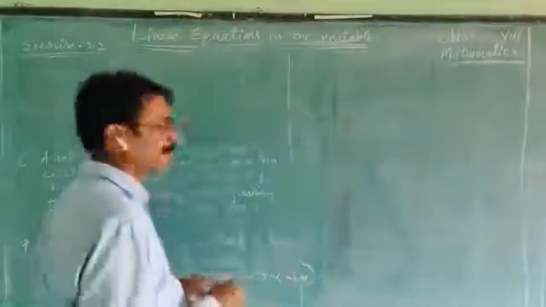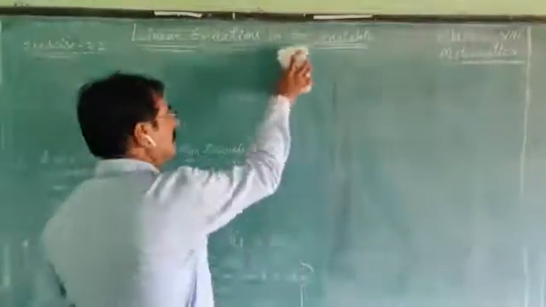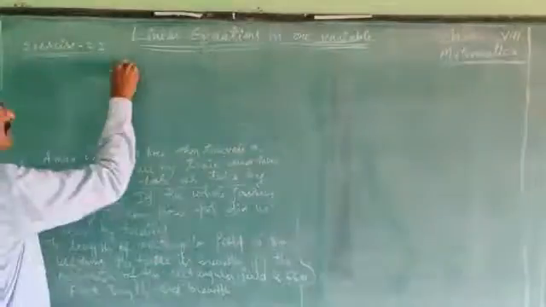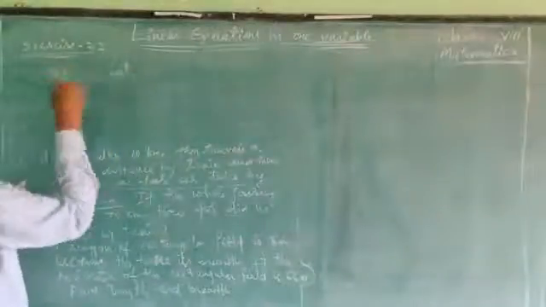Now I am going to write the steps. What is the first step? Let the distance traveled by the train be x kilometers. This is the solution of the sixth one.